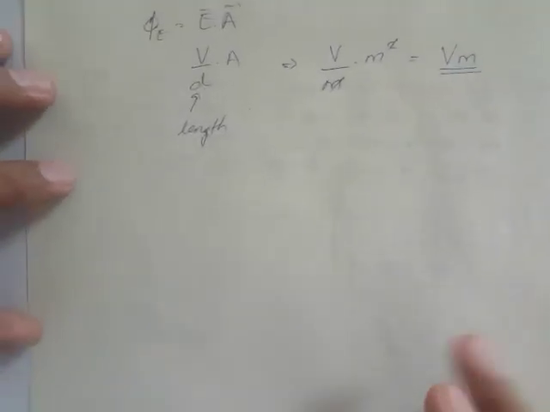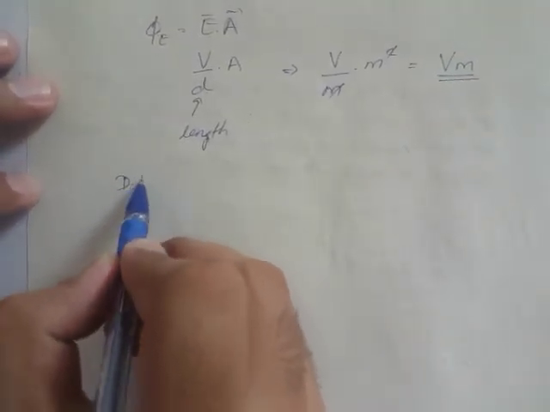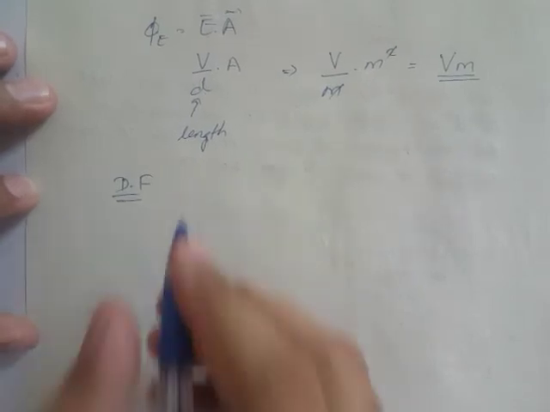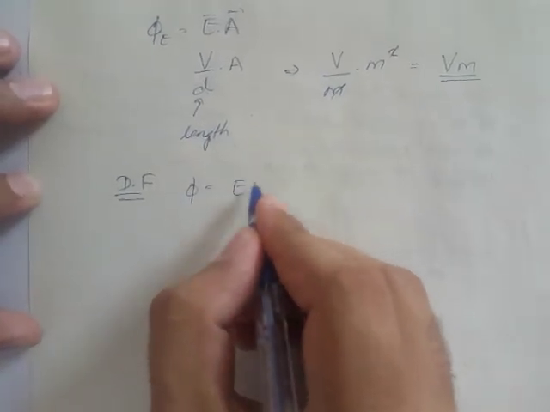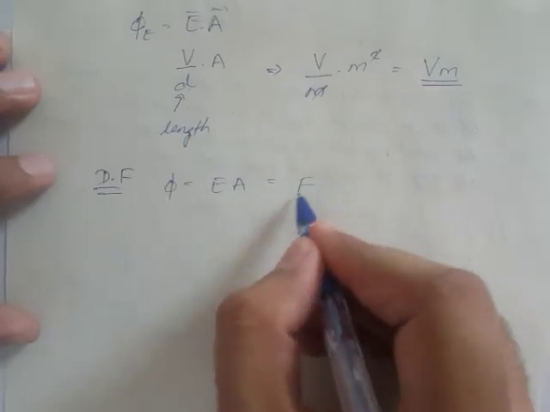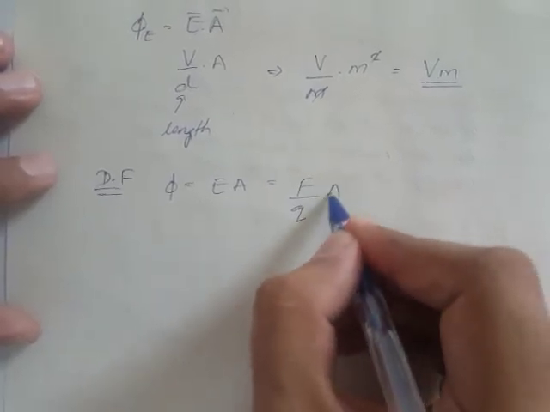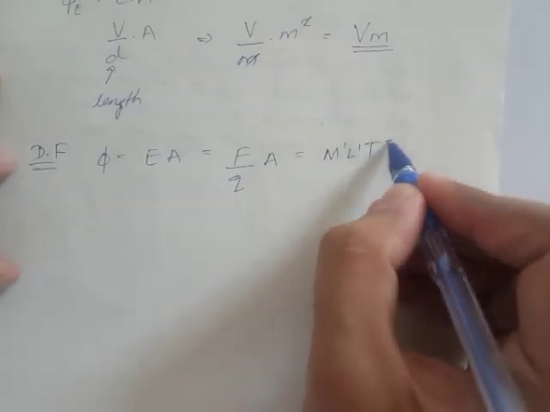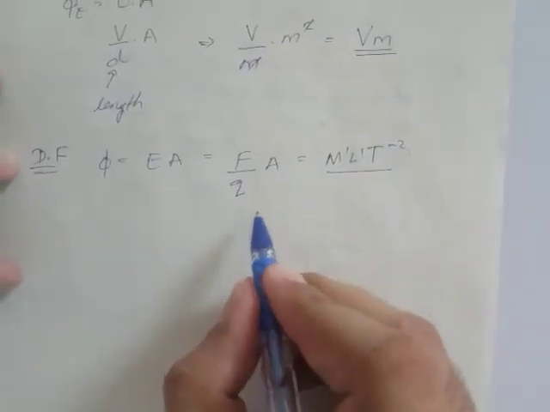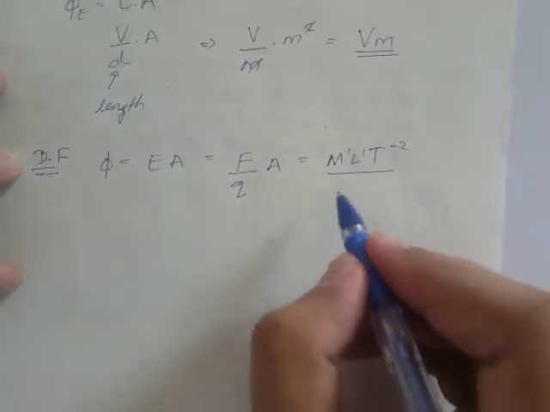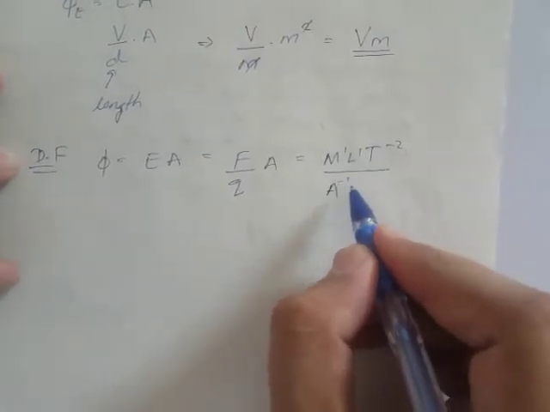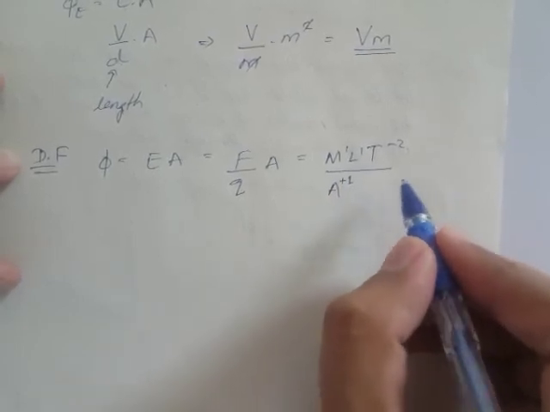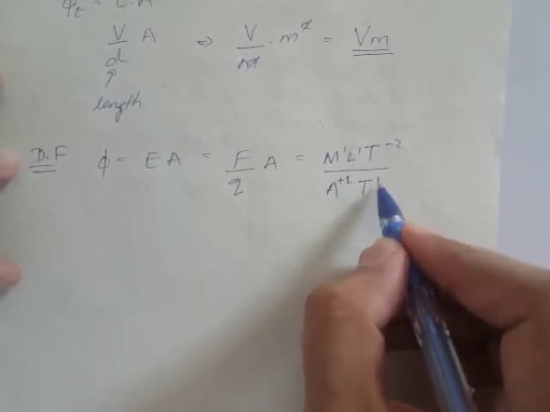If we need to ask about the dimensional formula for this, how can we write it? Phi equals EA. EA can be written as F by Q, times area. The dimensional formula of force everybody knows, M1 L1 T minus 2. Charge Q equals I T, I meaning ampere, into time, that is T1.